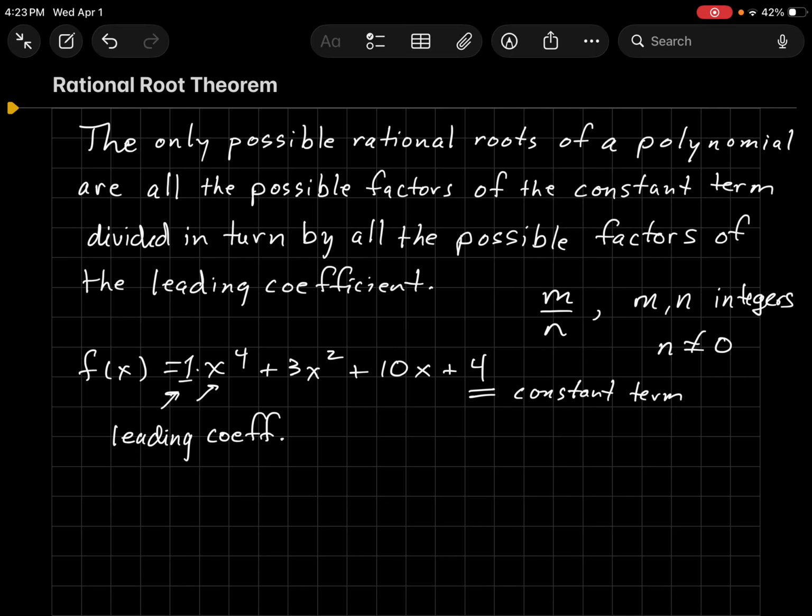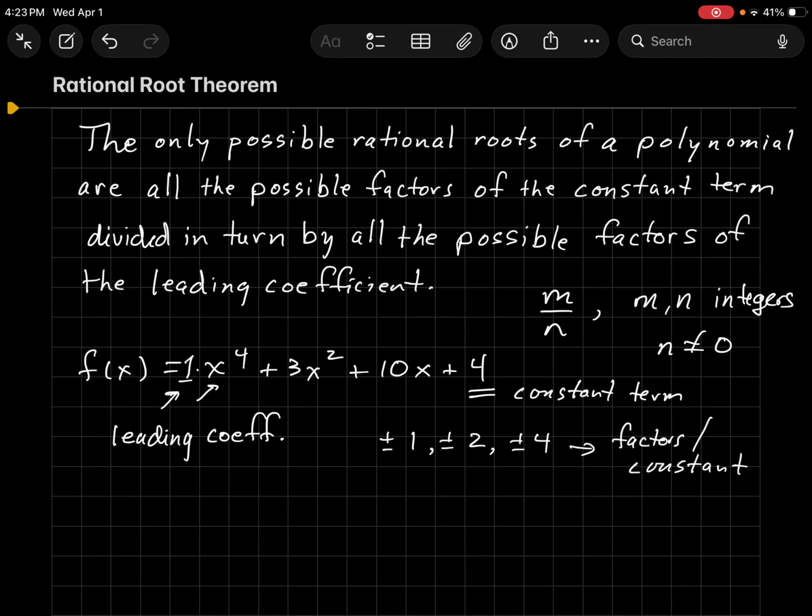So what are the factors of the constant term? Well, it's 1, 2, and 4, but it could be either positive or negative. Those are the factors of the constant term. What are the factors of the leading coefficient?